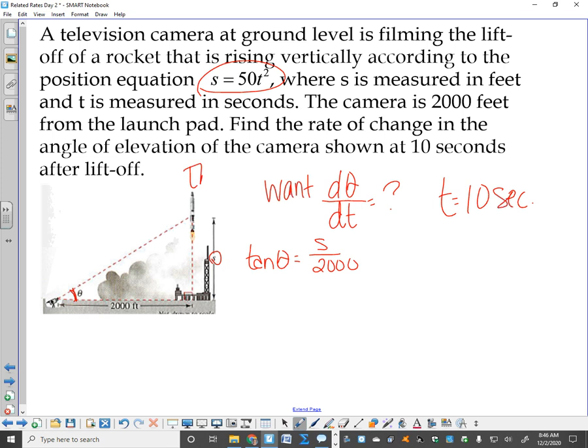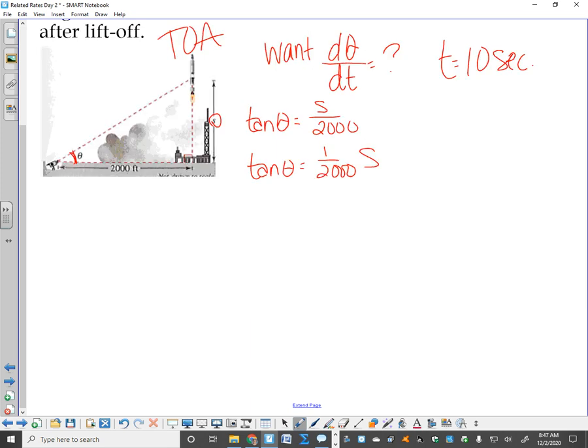TOA. Okay, I'm about to take the derivative, so I'm going to look at this s over 2,000 as 1 over 2,000 times s, because I don't want to think it's a quotient rule. I want to pull the s and the coefficient separate. It just makes it easier.